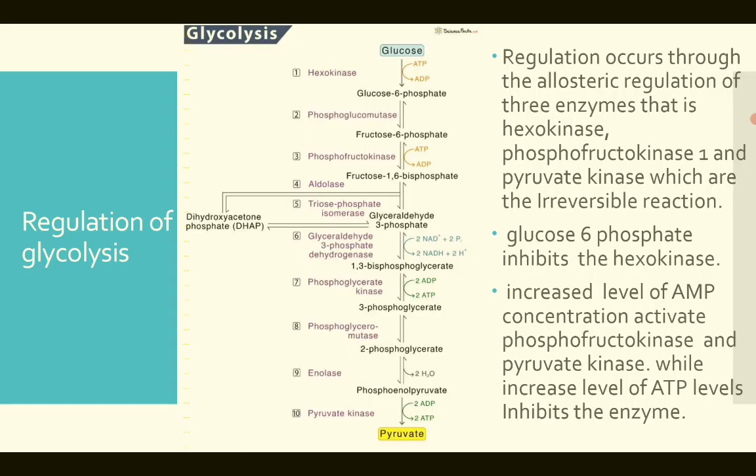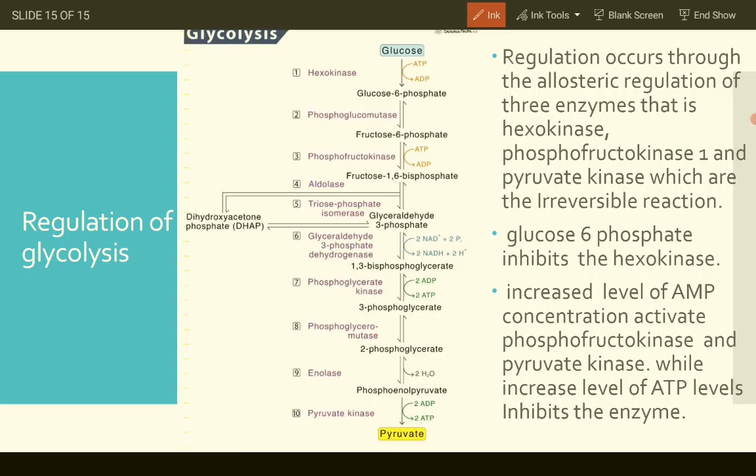Now, regulation of glycolysis. Because there are so many enzymes involved in this, but not all the enzymes within the process actually regulate the pathway or the reaction rate, right? So which are the enzymes that actually regulate the reaction rate? Let's see.